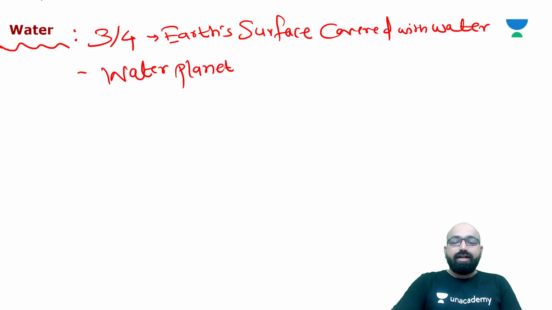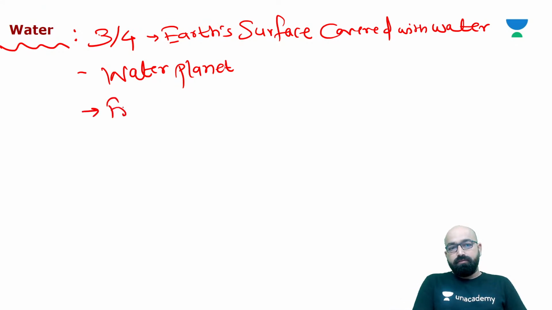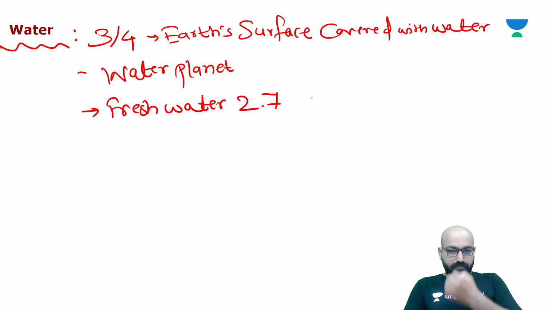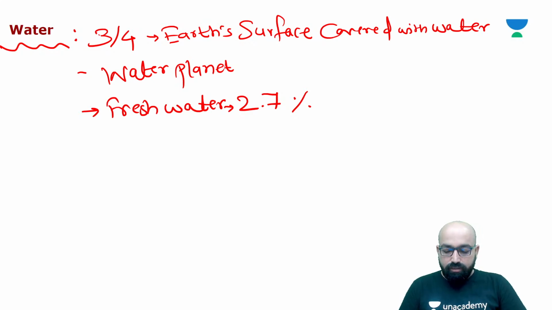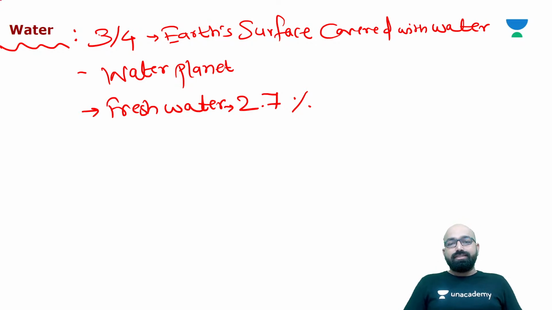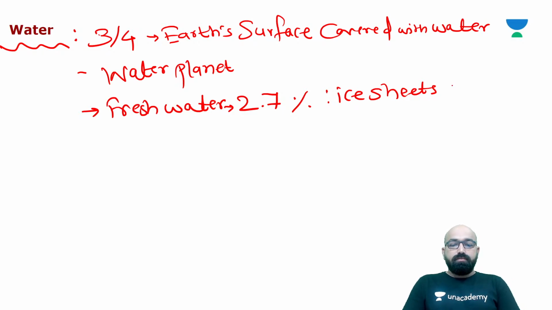So fresh water accounts for only 2.7%. Yes, so friends, nearly 70% of this occurs as ice sheets, then glaciers, in Antarctica, Greenland, and mountain regions.